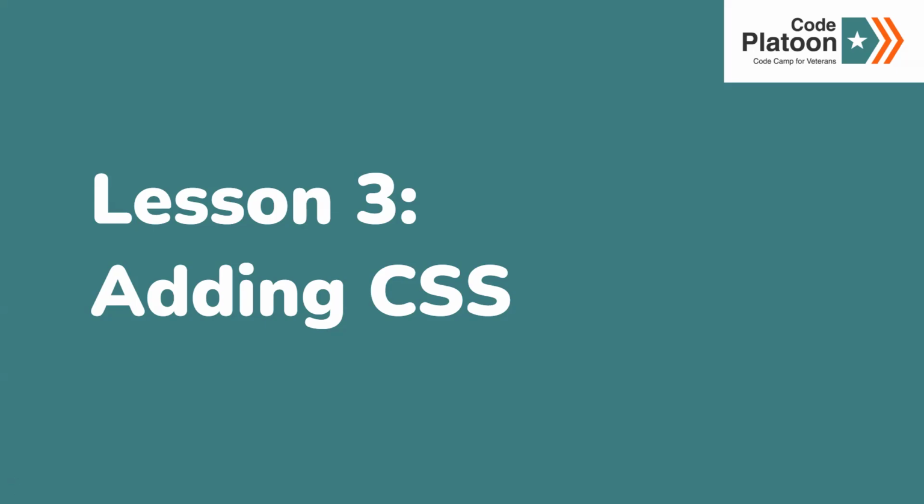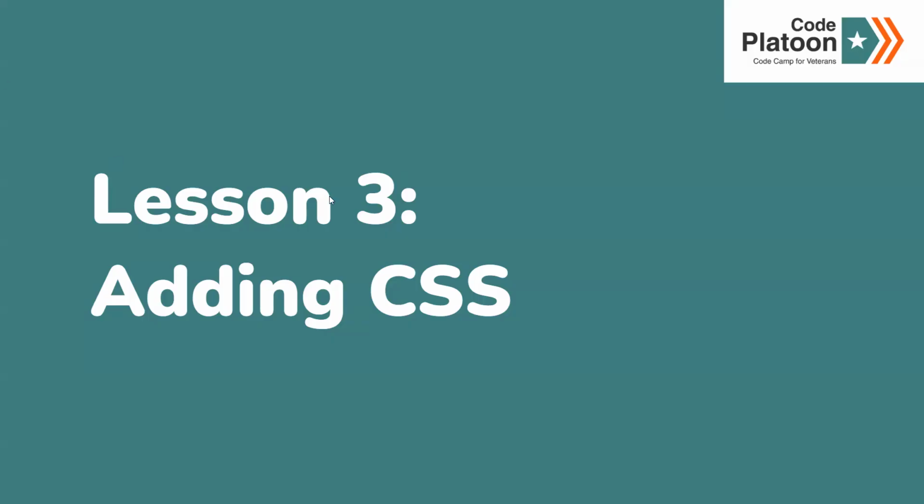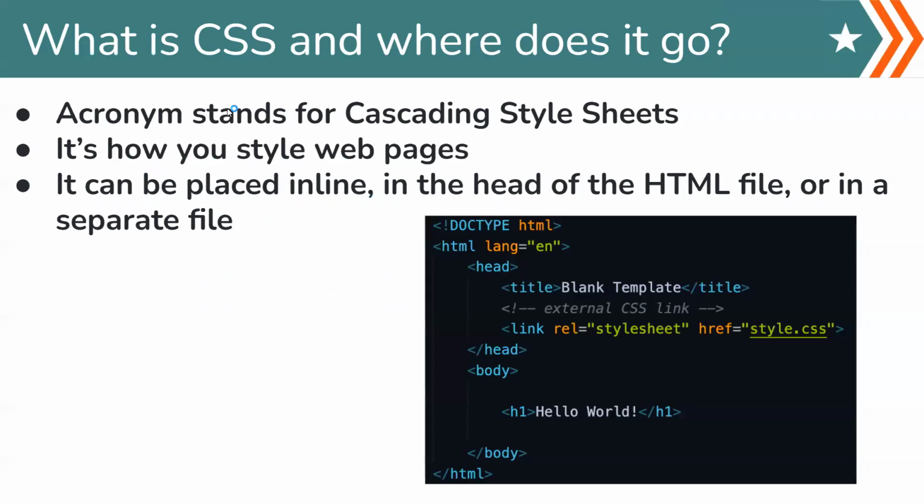CSS is not something you can just watch and expect to get it. You definitely have to give it a try. All right. So CSS. What is CSS and where does it go? Well, CSS is an acronym that stands for Cascading Style Sheets.